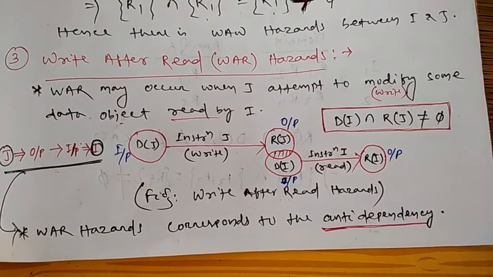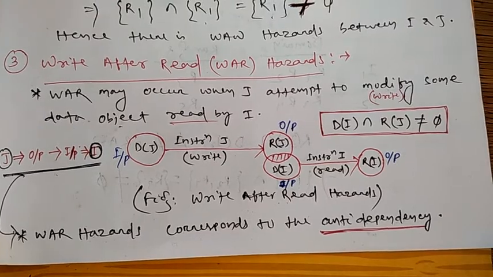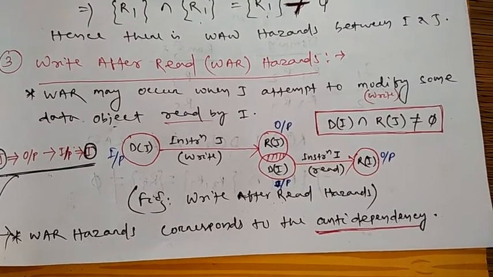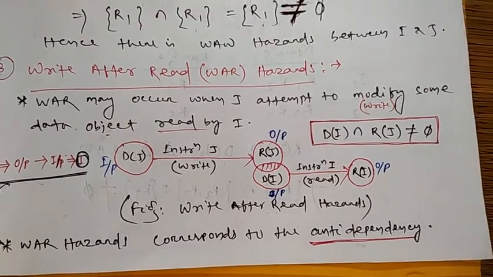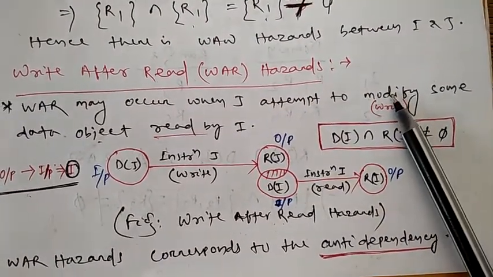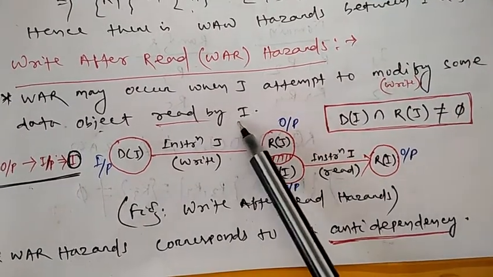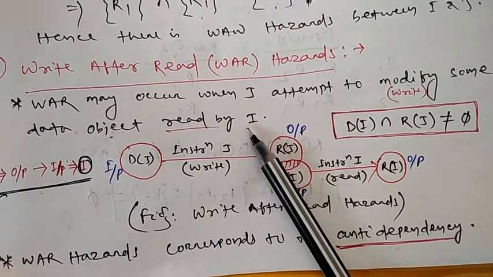So what happens in write after read hazards? Write after read hazard may occur when j attempts to modify some data object read by I. Here j is trying to modify or write some data which is read by I. Obviously it will create an error because it is not following the sequence.